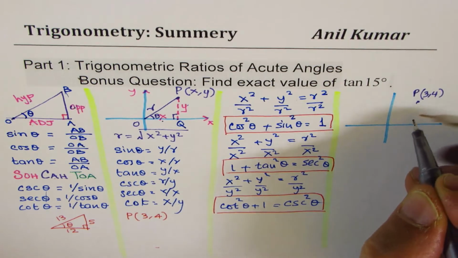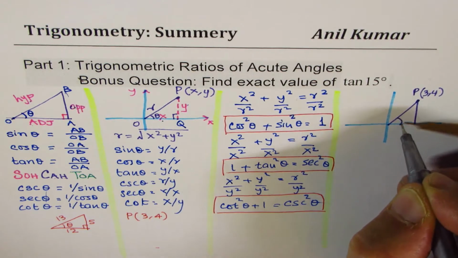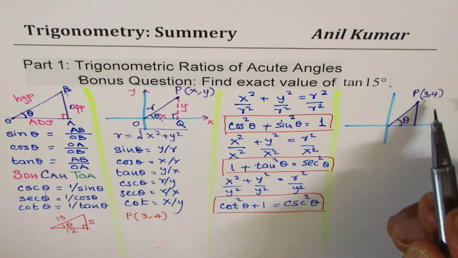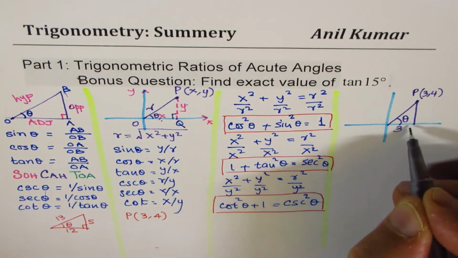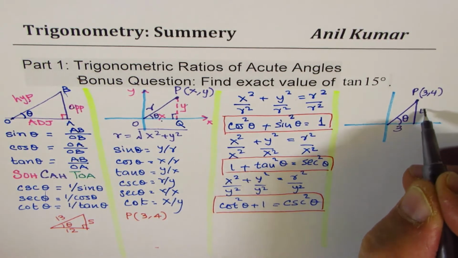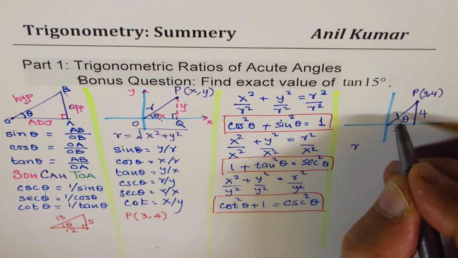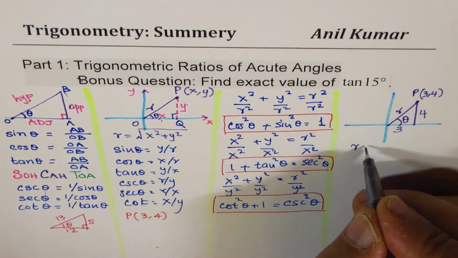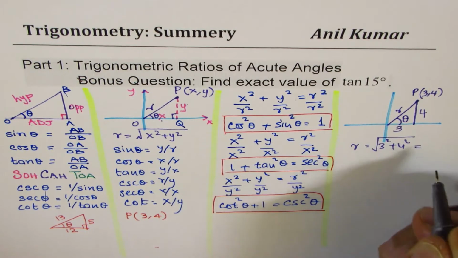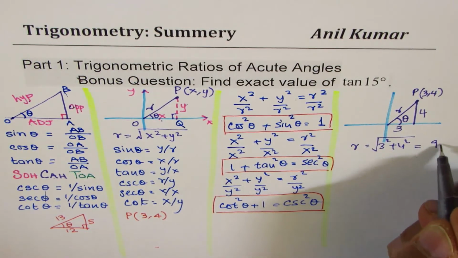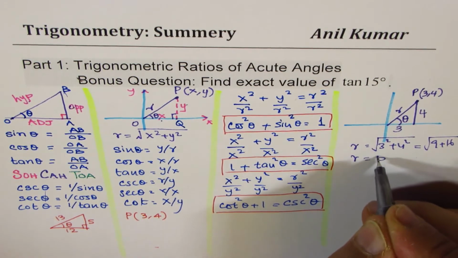So if this is the point which is 3, 4 for us, the angle theta could be written in terms of the sides of this right triangle, where 3 is the horizontal distance, which is the adjacent side, and 4 is the height. Now here the radius r, the hypotenuse, will be equal to the square root of 3 square plus 4 square, which is the square root of 9 plus 16. So we find that r is equal to 5.